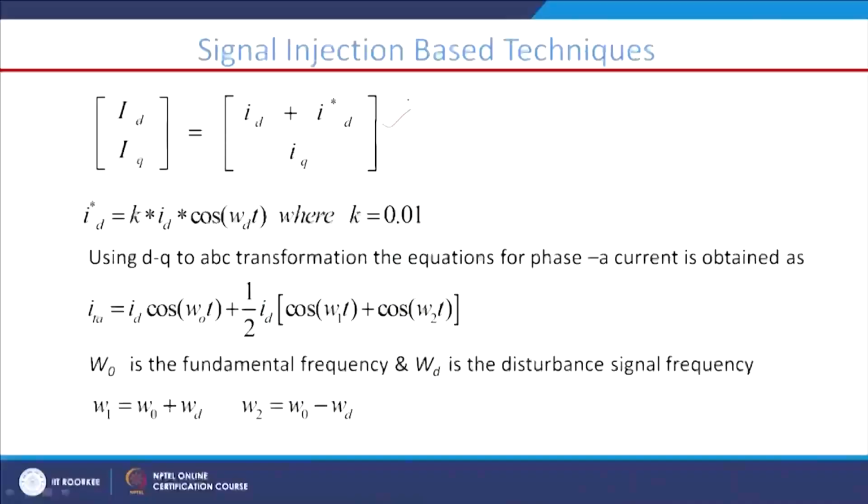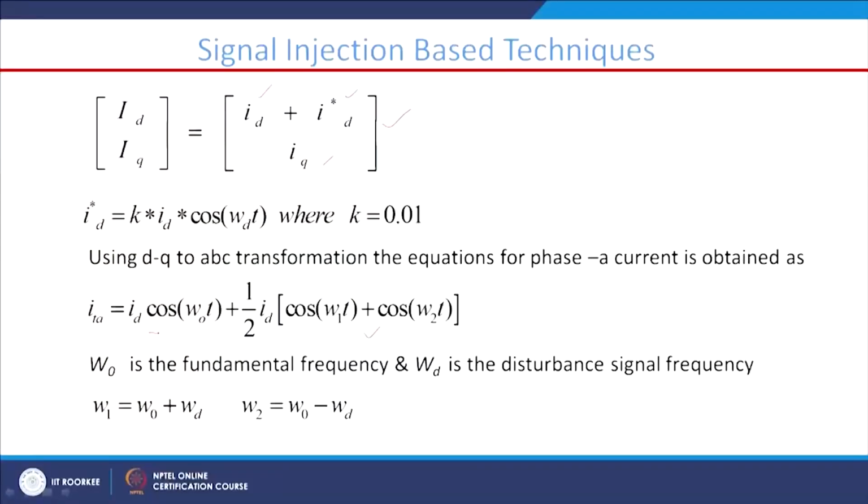And this is how this particular ID looks. This ID is the actual current and this ID star is the disturbance current, and IQ we are not going to disturb. After this disturbance and converting from the DQ frame to the ABC frame, this small ia stands for the instantaneous current of phase A. It looks like this, and it has two parts.